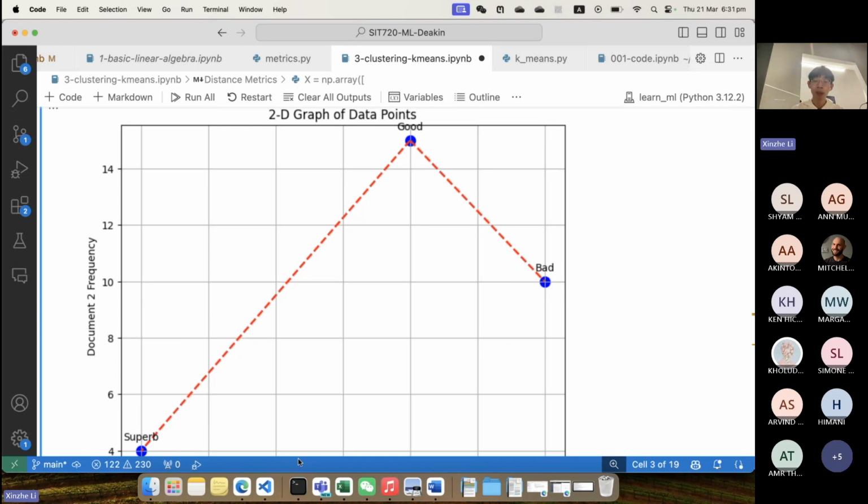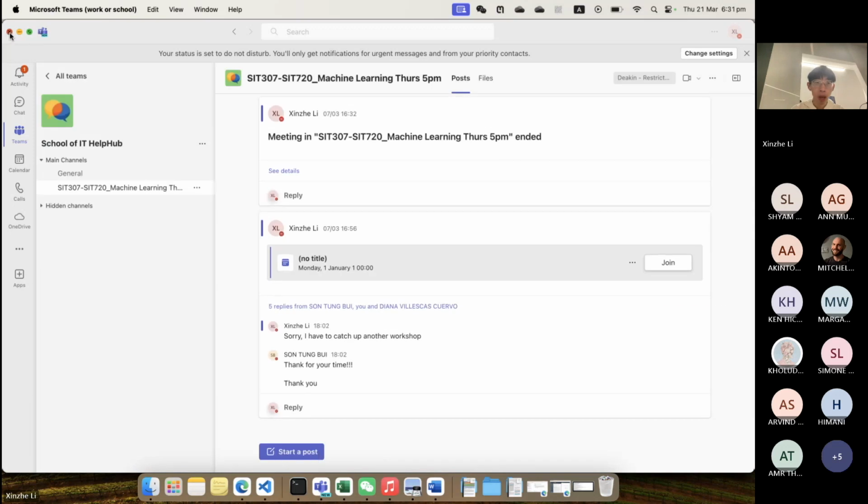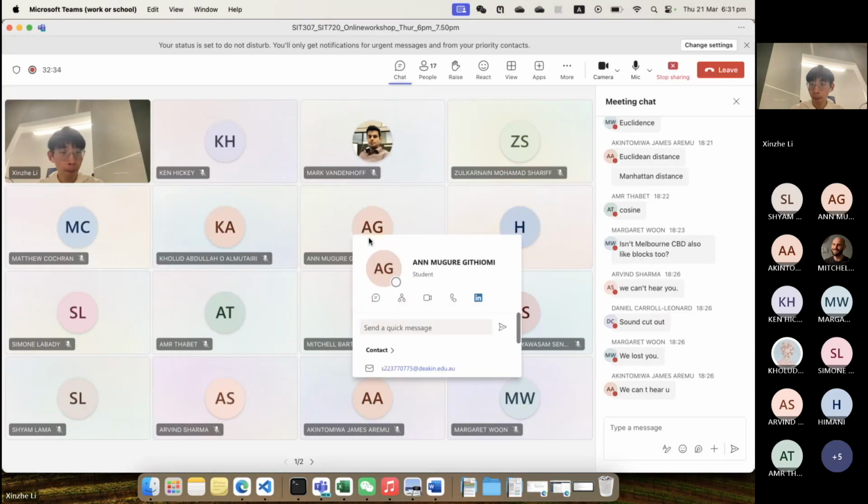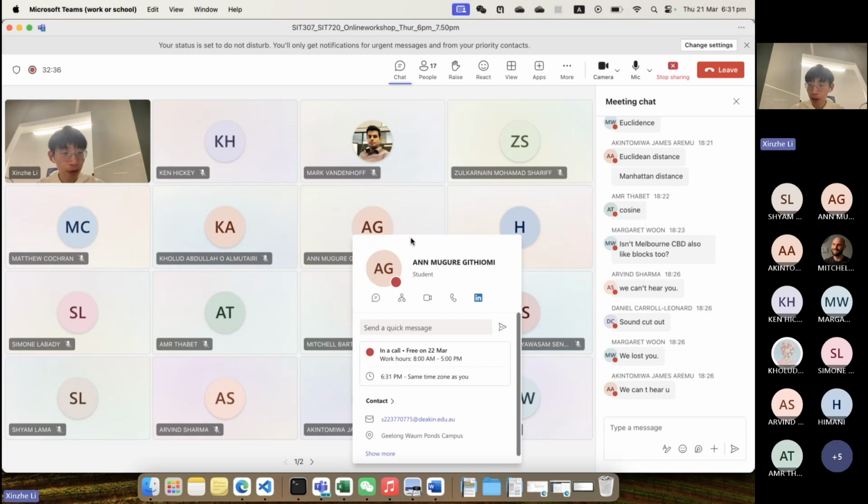Okay, if you understand this, I will ask you why it happens in that way. Why is the Euclidean distance between super and good larger than good and bad? Any guess for this problem?